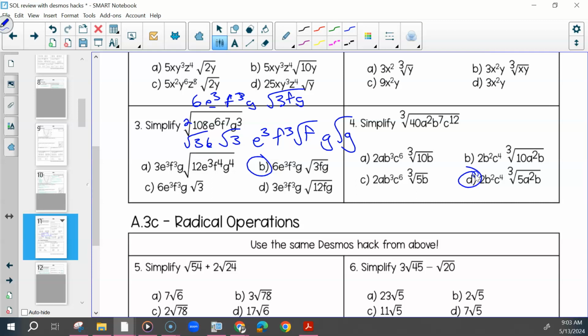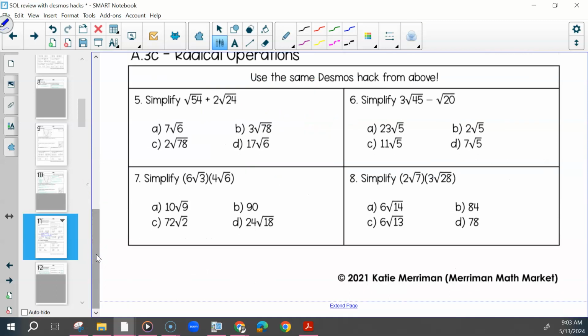Alright, so for your radical operations, anytime it's just numbers, you can put that straight into Desmos and see which decimals match.